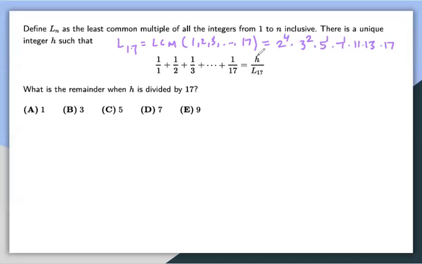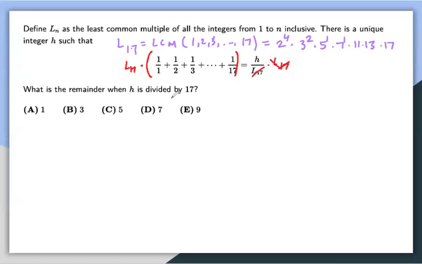But we want to know h, and as soon as we know h, we are going to divide by 17. So maybe it's better to multiply both sides by L(17). I'm going to do that. If I multiply both sides by L(17), the entire sum gets multiplied by L(17), so I can cancel these.